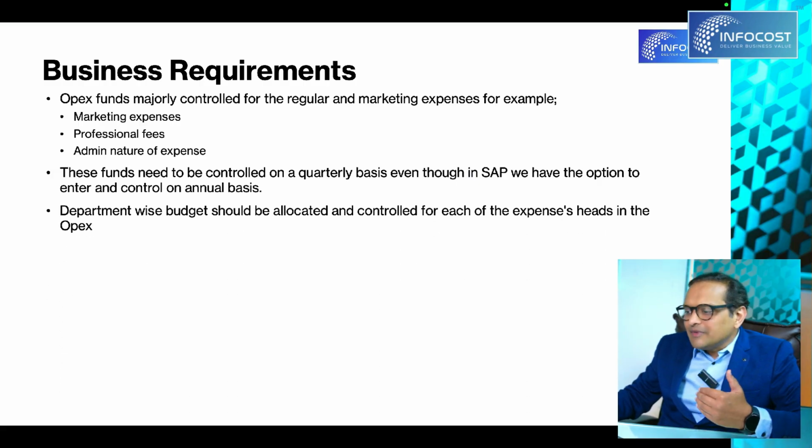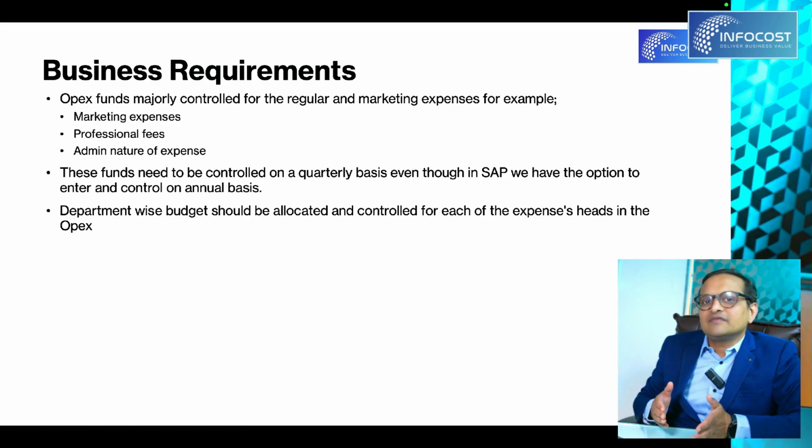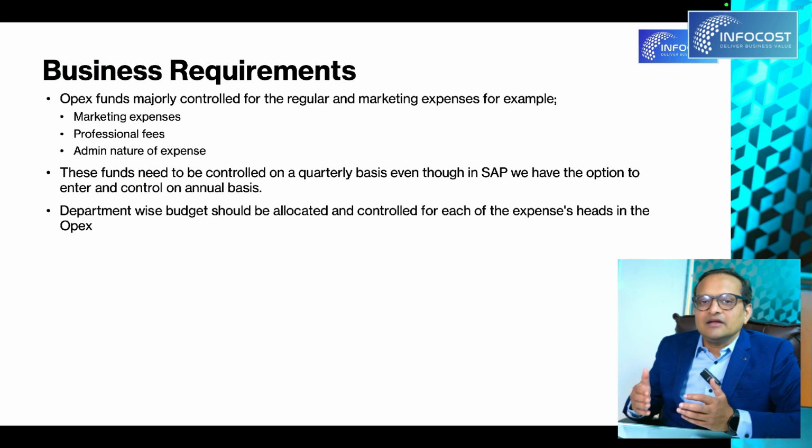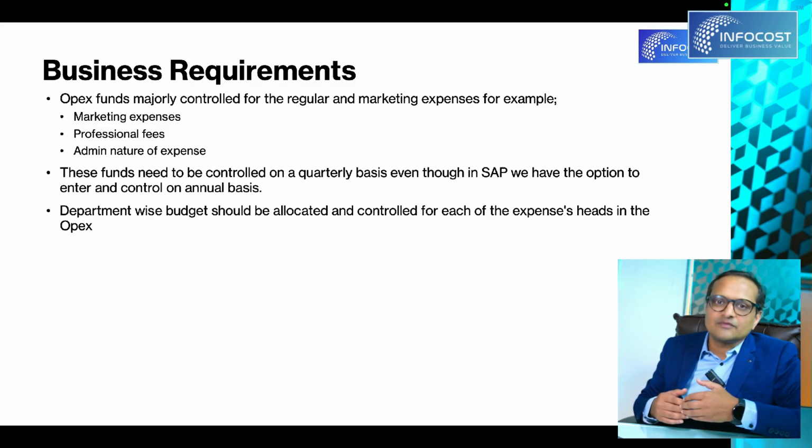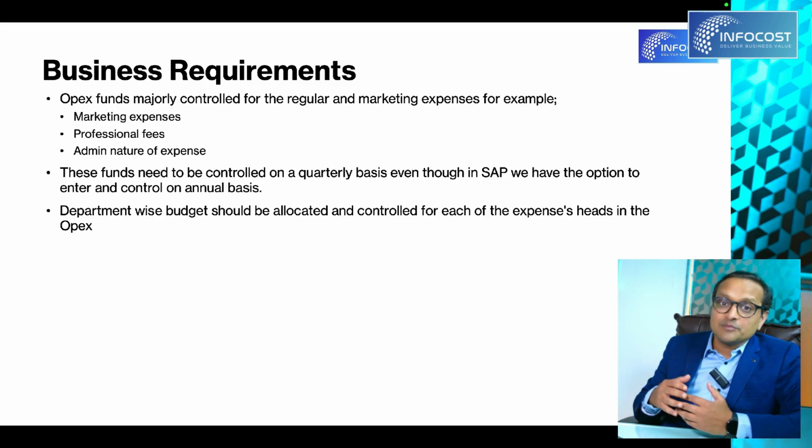Then department-wise budget should be allocated and controlled for each expenditure head. When I say department, it is nothing but a different fund center. In the budgetary control system we call this a fund center. For example, a fund center for production, a fund center for finance, for HR, for procurement.